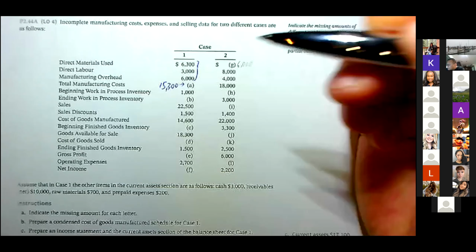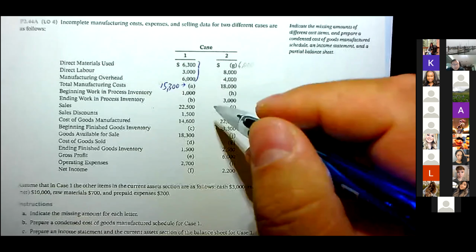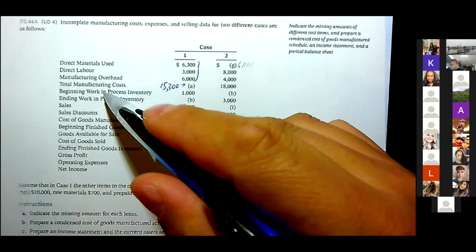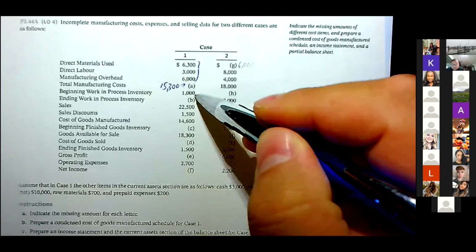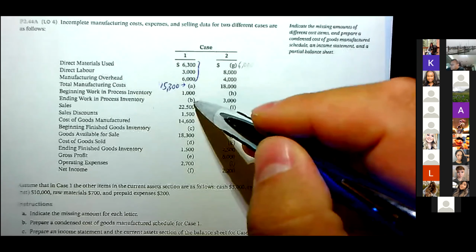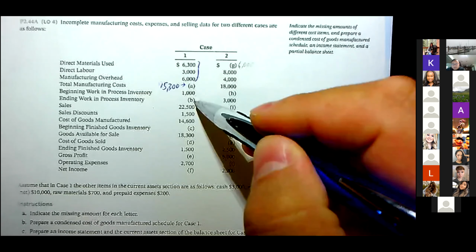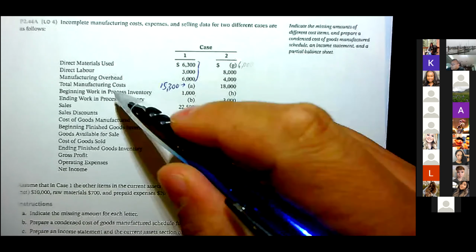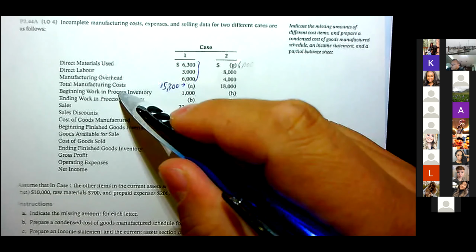That's for A. Then you have the beginning work in process inventory, 1,000, and the ending work in process inventory, B. I don't know this one, but I know the total manufacturing cost.